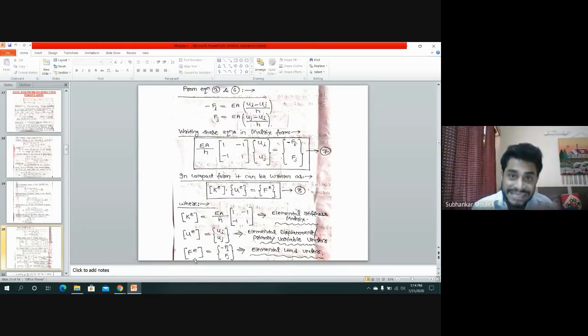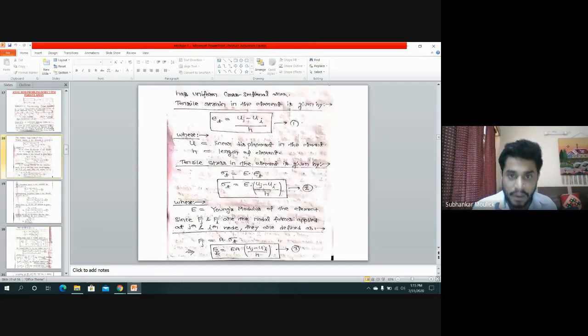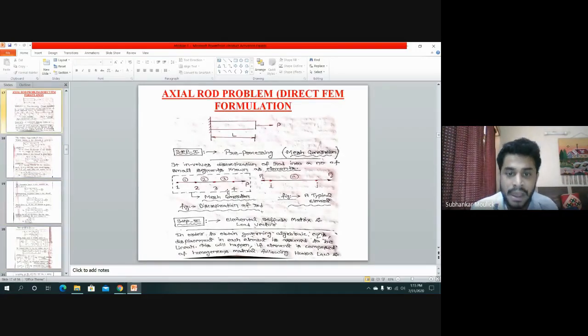That means in each and every element, how much force is acting at each and every node. For example, if I take my given problem, it is clear that only in element number 3 is external load acting. That too, that load is acting at nodal point 4 along the positive x direction.